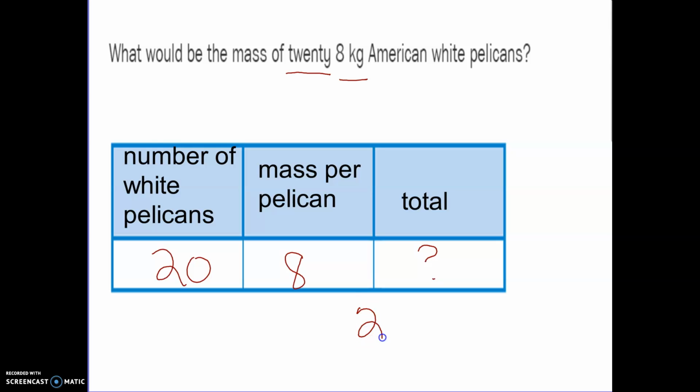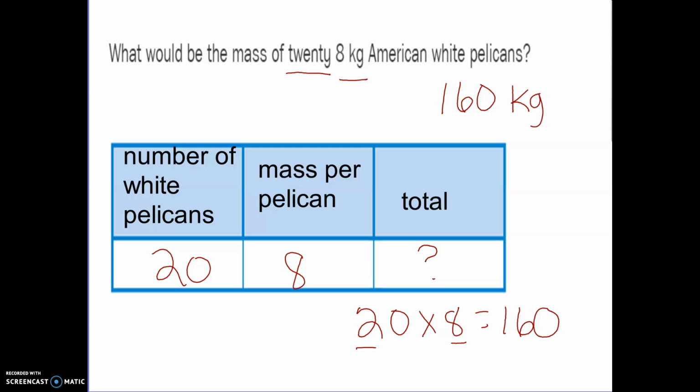So our number model would be 20 times 8. And if we think of our basic fact, 2 times 8 is 16. Add that 0. The answer would be 160 kilograms.